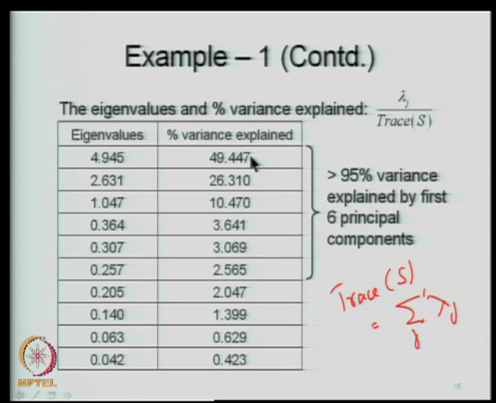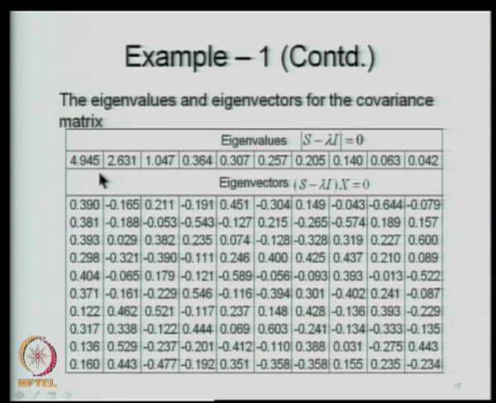So, this says that the first eigenvector explains 49.447, the second one explains 26.310 and so on. This is arranged in descending order. So, this is how we obtain the percentage explained by these various eigenvectors.